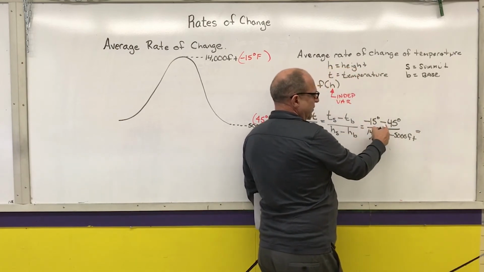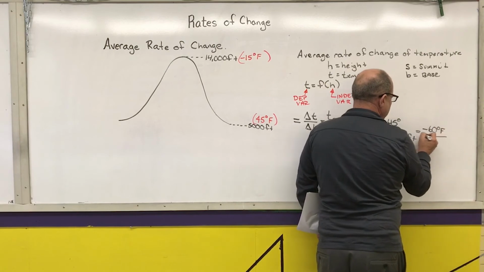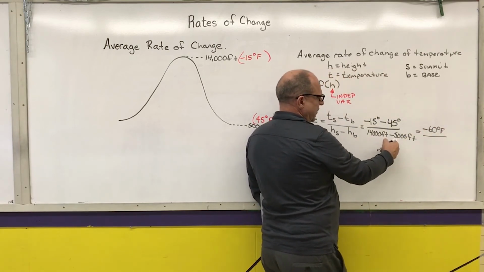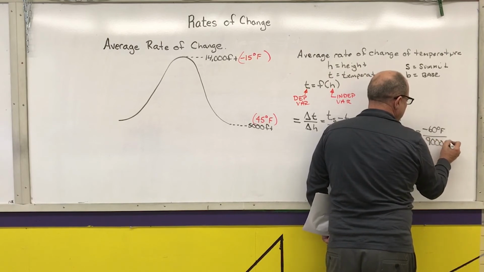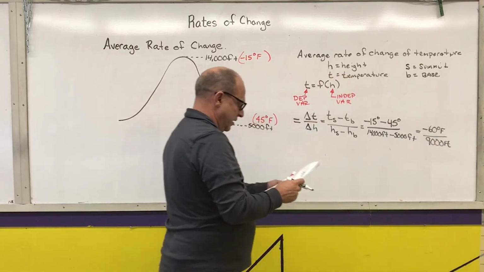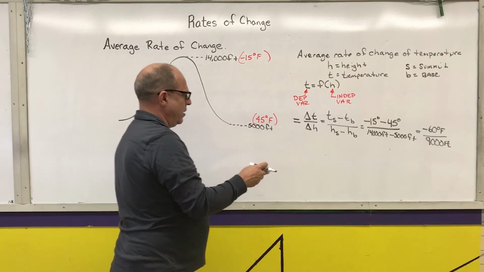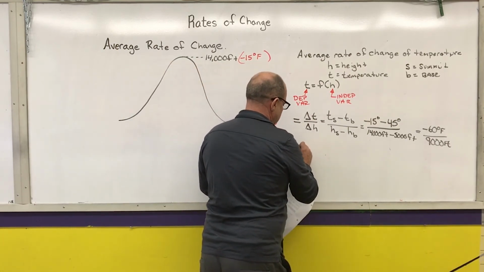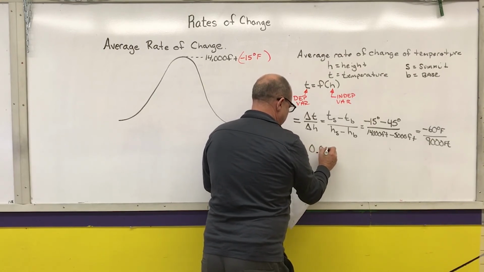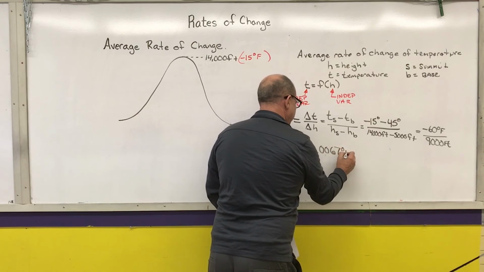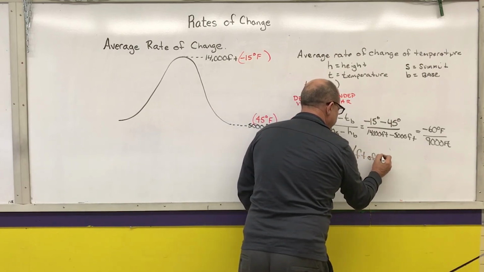-15 minus 45 is -60 degrees Fahrenheit, over 14,000 minus 5,000, which is 9,000 feet. You stick this into your calculator, you are going to get approximately -0.0067 degrees Fahrenheit per foot of elevation.